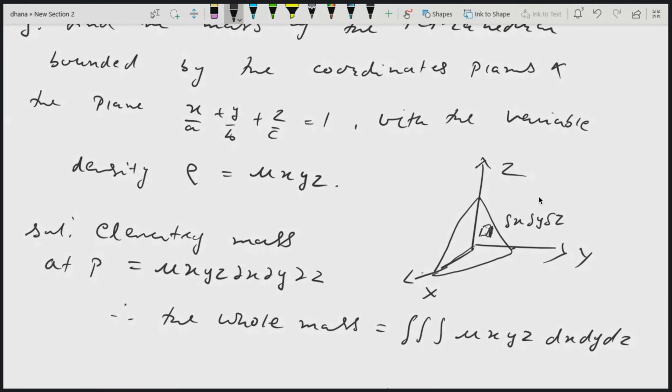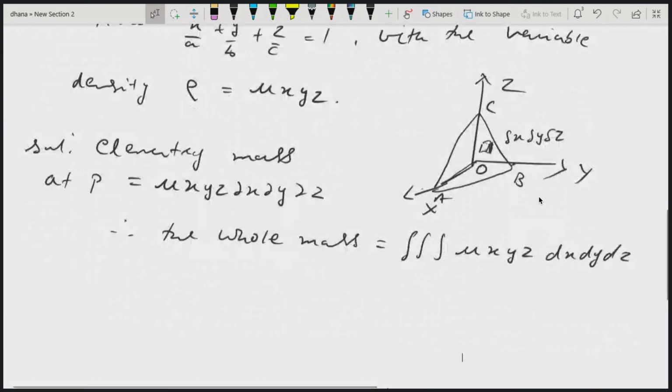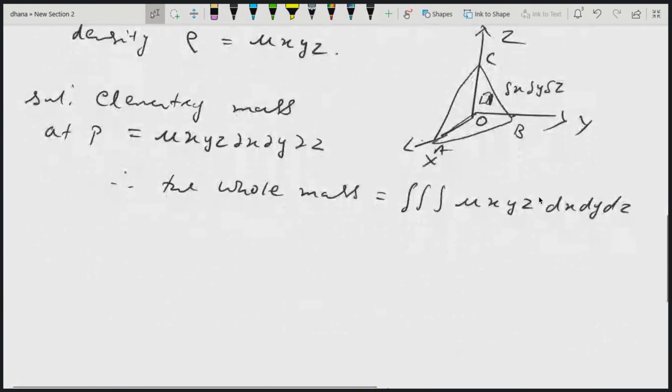The integrals here will embrace the whole volume of this shape. You can name these points O, A, B, C. So the integrals embrace the whole volume OABC according to the figure. Even if you don't have the figure, you have an idea of how to find the limits.